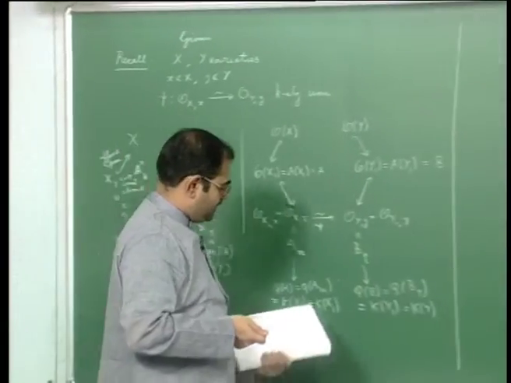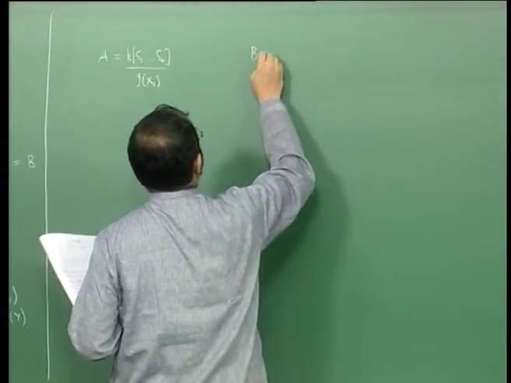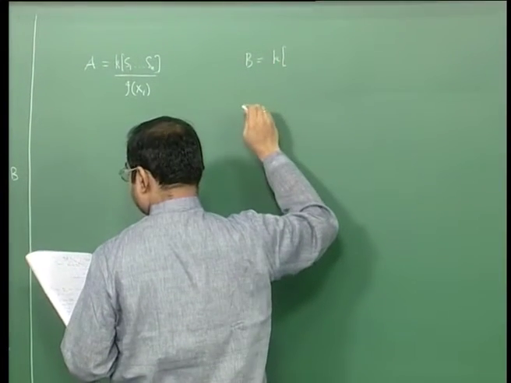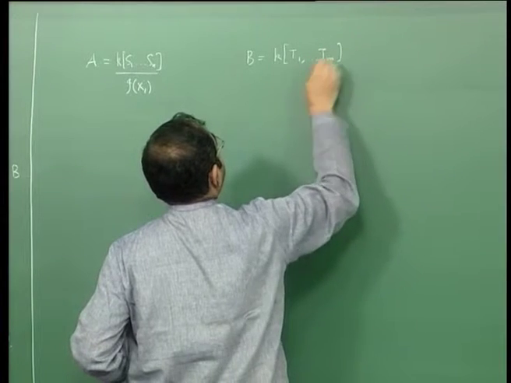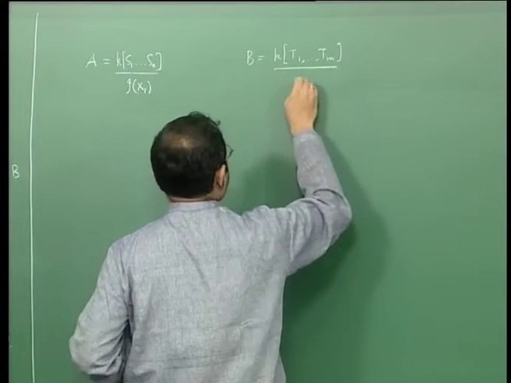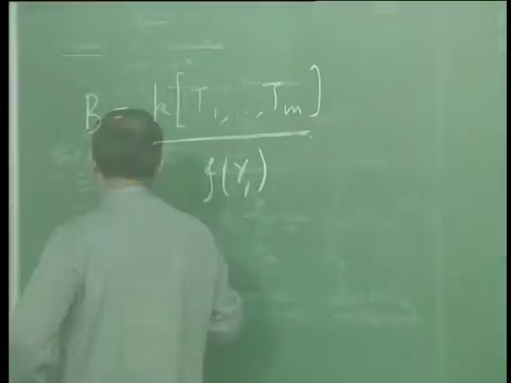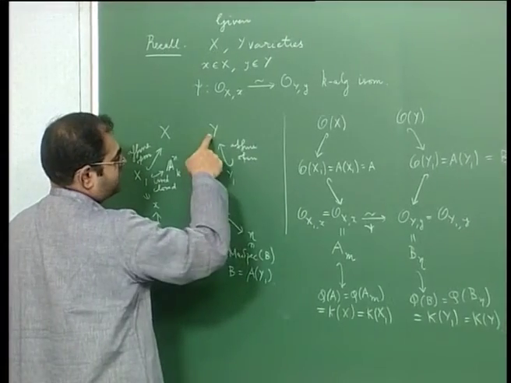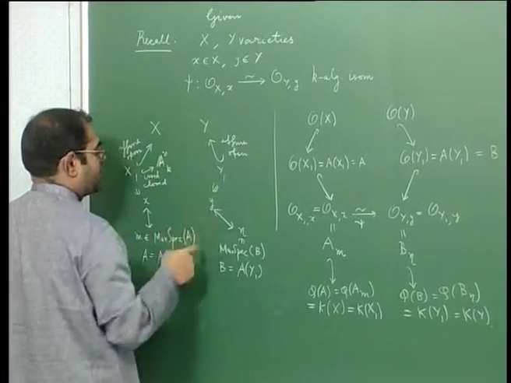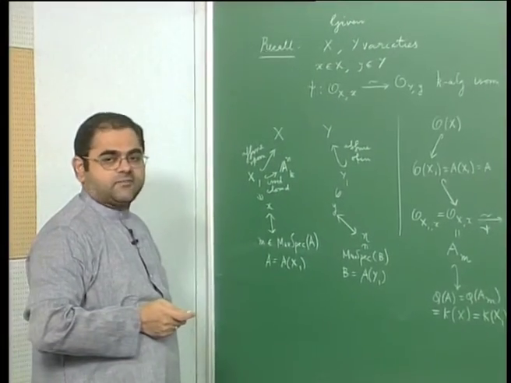And then similarly B is also a polynomial ring in m variables divided by the ideal of y1, where similarly we are thinking, since y1 is an affine open subset of Y, it means that y1 is an open subset of capital Y, but it is also abstractly isomorphic to an affine variety.